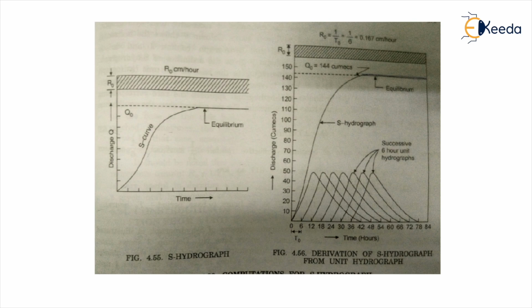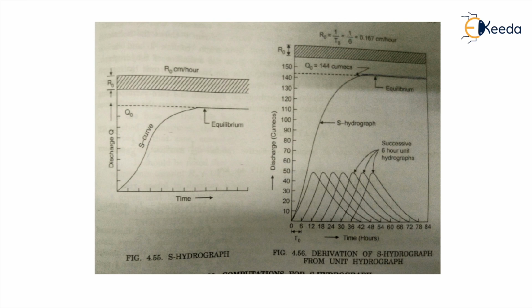In the uppermost portion, R0 centimeter per hour is the intensity of the rainfall, which can be obtained by plotting the time versus cumulative depth graph. So the R0 value will be found and calculated by analyzing this S-curve hydrograph.